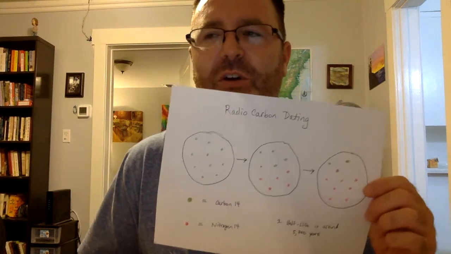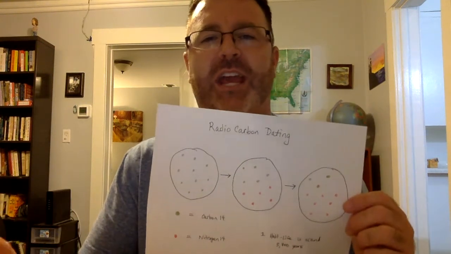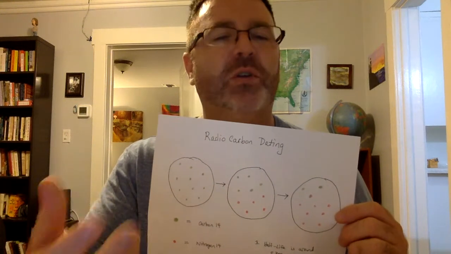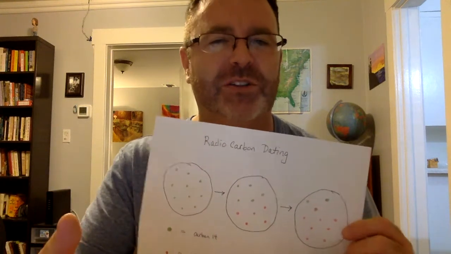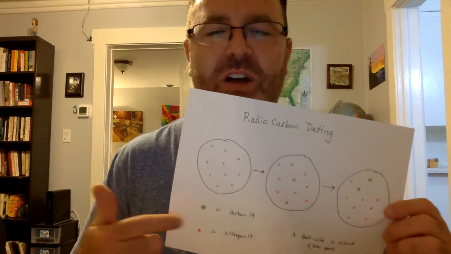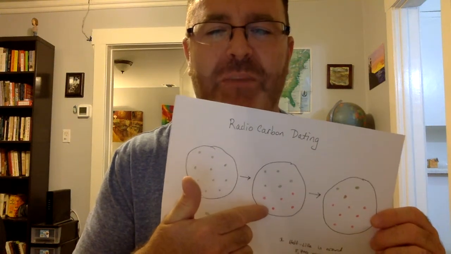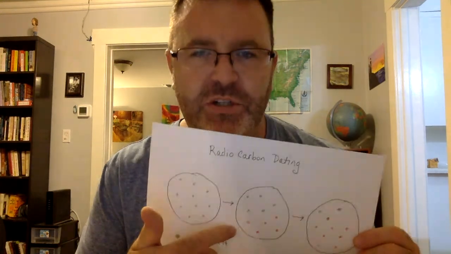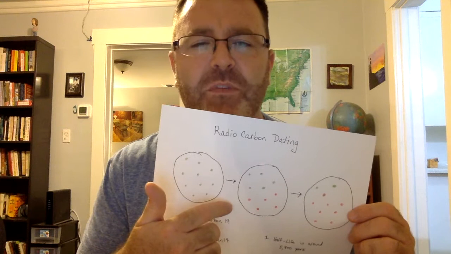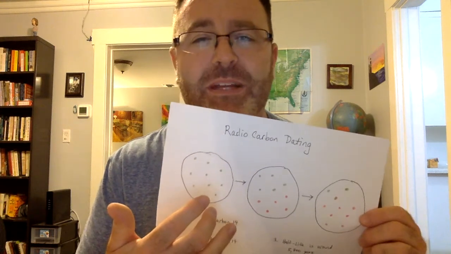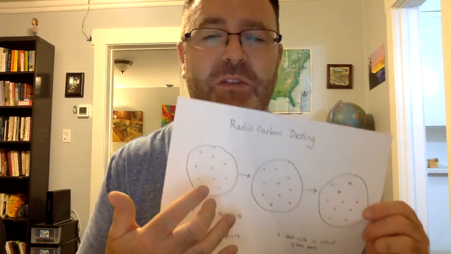So let's say you have archaeologists and they've come across a fossil site where they knew early Paleo-Americans, early Native Americans, were around. And let's say they come across a sample that has about half carbon-14 and half nitrogen-14. Well, they can deduce from that that the organism probably died 5,700 years ago.